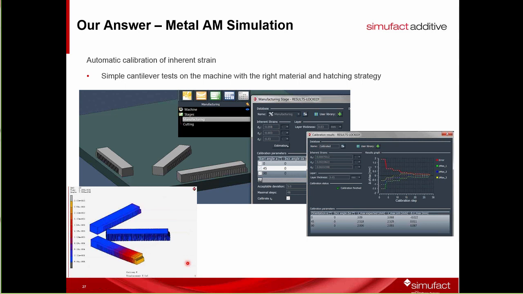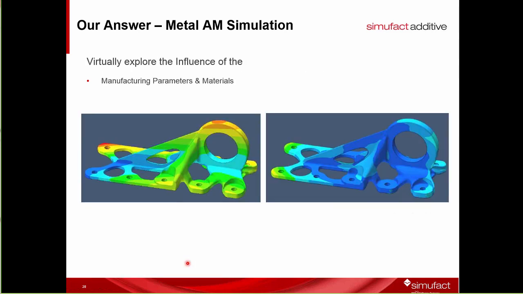Now, when you build other parts in the same hardware configuration, those inherent strains can work again. If you want to use a different powder or a different power, you'll need to recalibrate and recalculate those inherent strains, and then Simufact Additive will form a database of all your different inherent strain values.